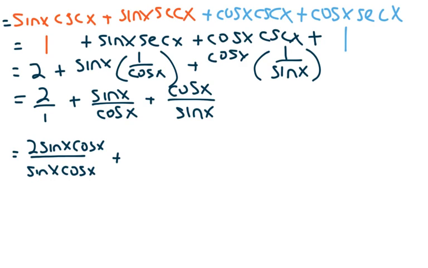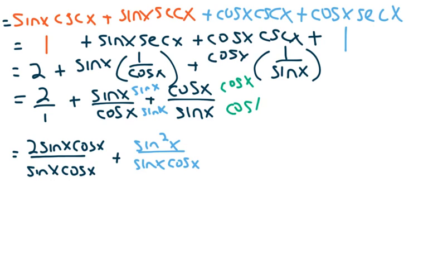I have to multiply this one by sine, so that's sine squared over sine cosine. And I have to multiply this one by cosine, so that's cosine squared over sine cosine.